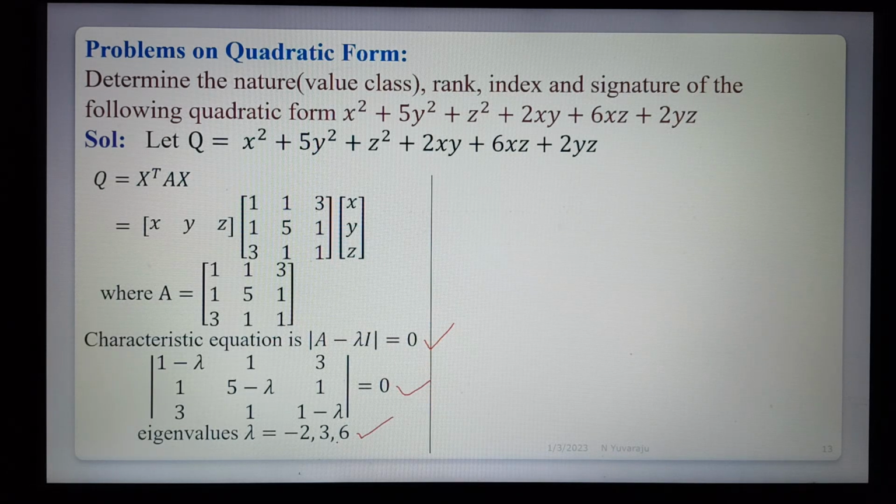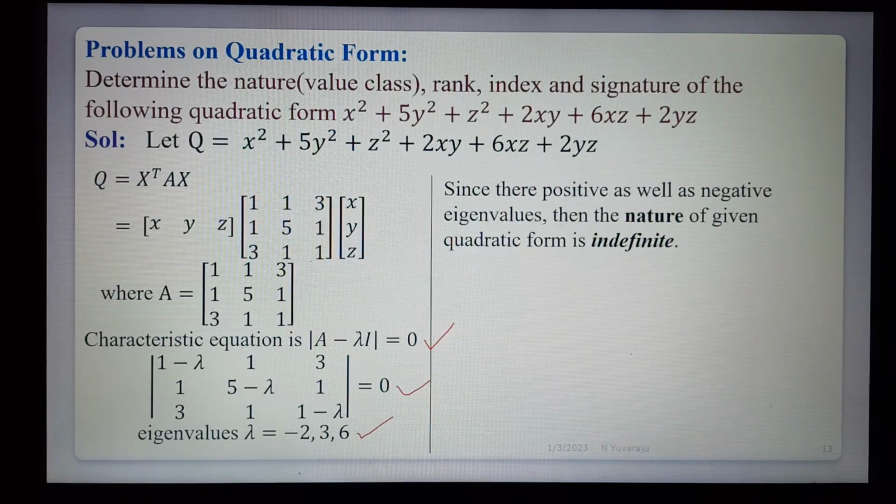Then the nature of the quadratic form is indefinite. Since we have positive as well as negative eigenvalues, the nature of the given quadratic form is indefinite.